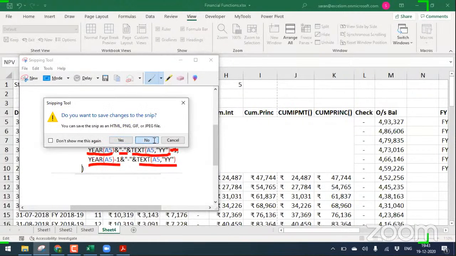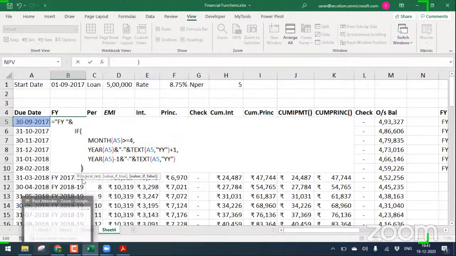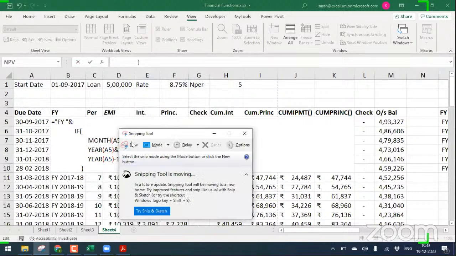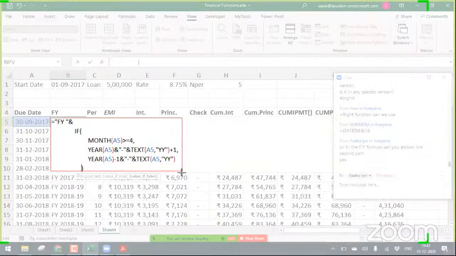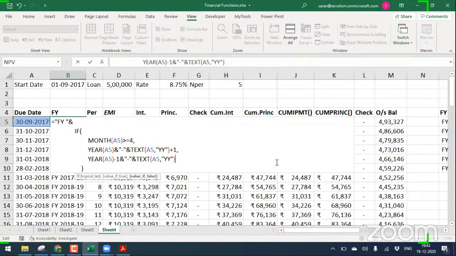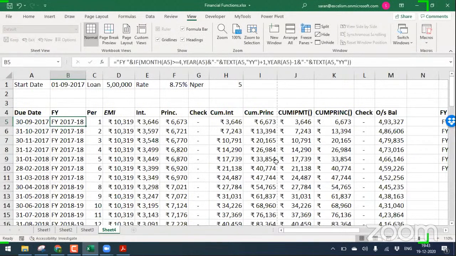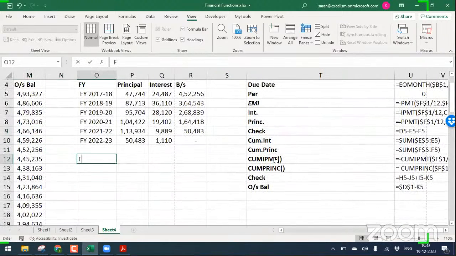Any question? Anyone? Yeah, formula text. Don't worry, I'm going to keep this part so that, since it is a little Indian formula, you will not be confused. Let me copy this. Okay, let me paste it somewhere towards the right side. Yeah, financial year formula.